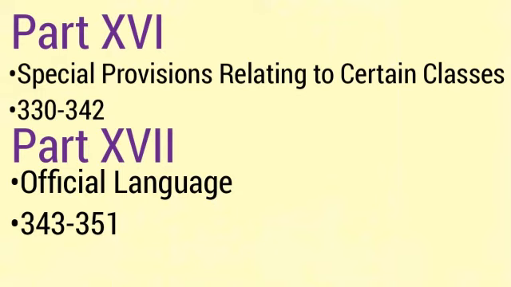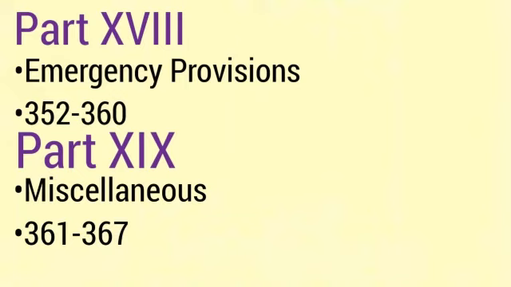Part 18 is emergency provisions, articles 352 to 360. There are three types of emergency: national emergency, state emergency and financial emergency. Part 19 is miscellaneous, articles 361 to 367.